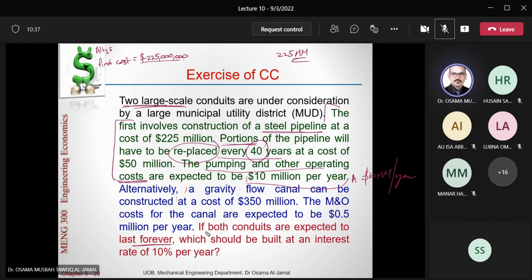For how long? I'm going to skip that one, the second alternative, just to tell you what it says: both contracts are expected to last forever. This is always the case with big projects. Say, for example, the pipelines for transporting water from stations to the main tanks.